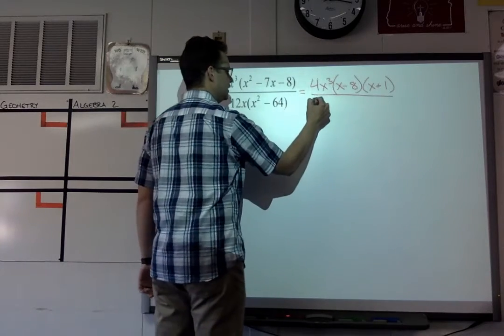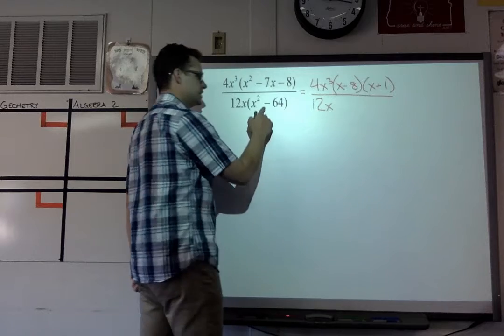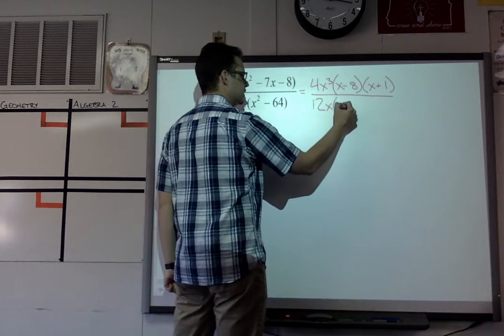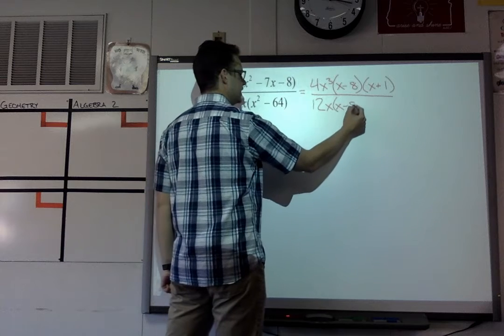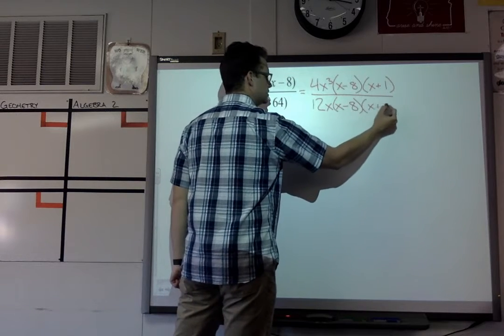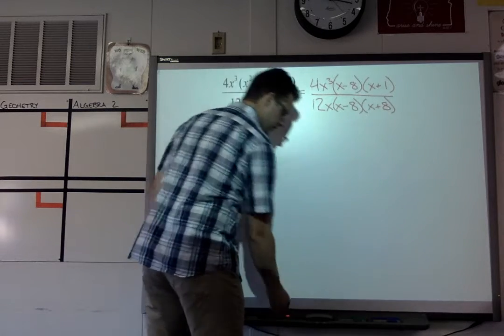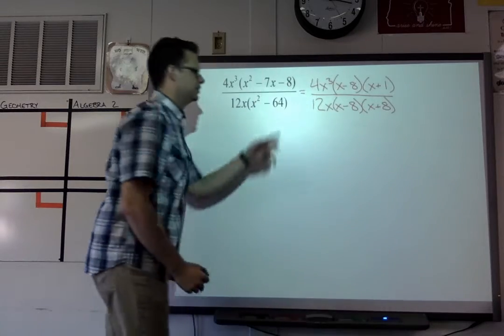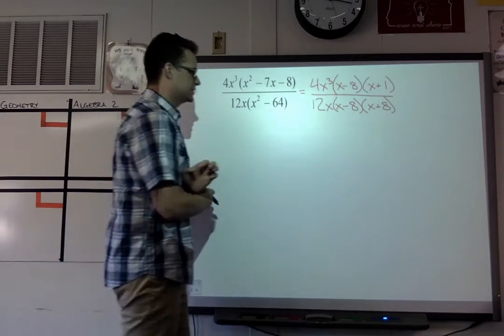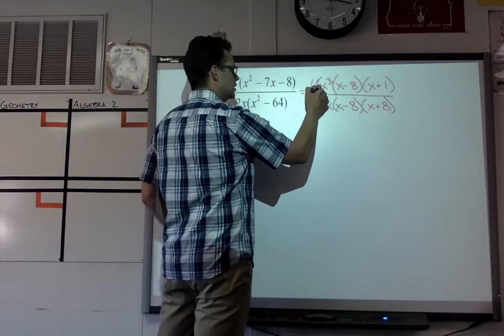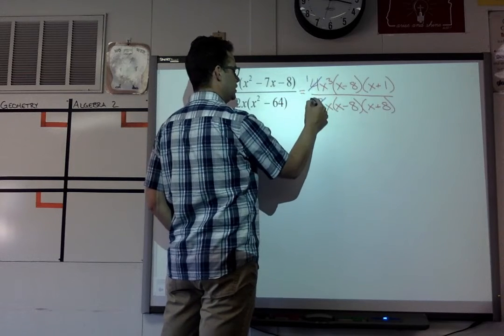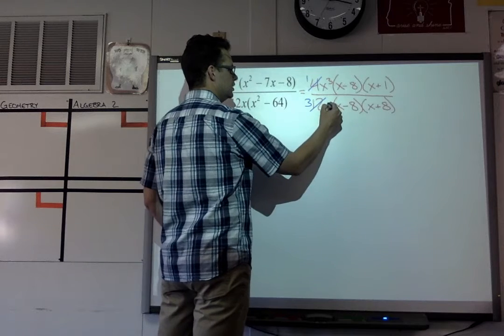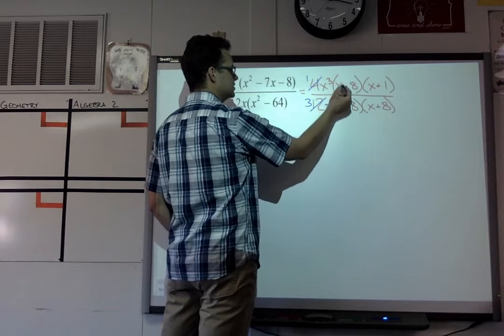Then in the denominator, we have 12x. Again, we have a difference of 2 squares, so it'll be x minus 8 times x plus 8. Now we want to simplify this. So as I go through here, my 4 and 12 can become a 1 and a 3. This x cancels.